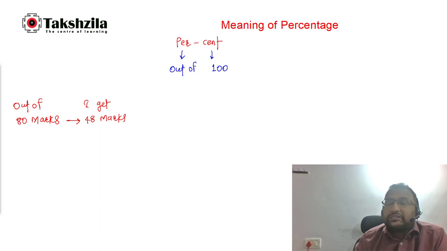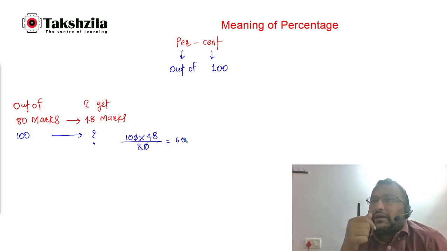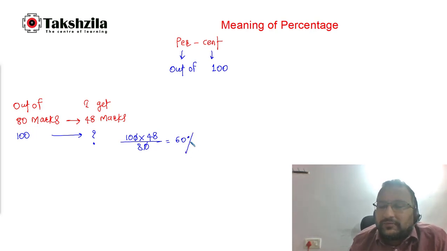If instead of 80 marks the paper is of 100 marks, how many marks will I get? So let's cross multiply: 100 into 48 divided by 80. If we simplify this further, this 0 and 0 get cancelled out, and that is going to be 60. So if the paper is of 100 marks, you will get 60 marks. It means you will be getting 60 percentages.